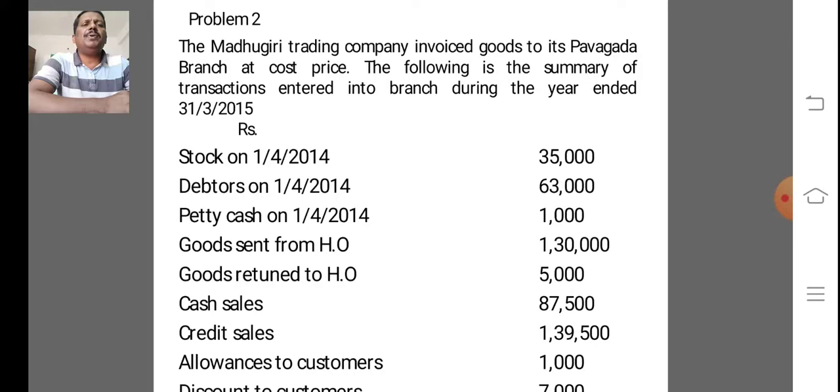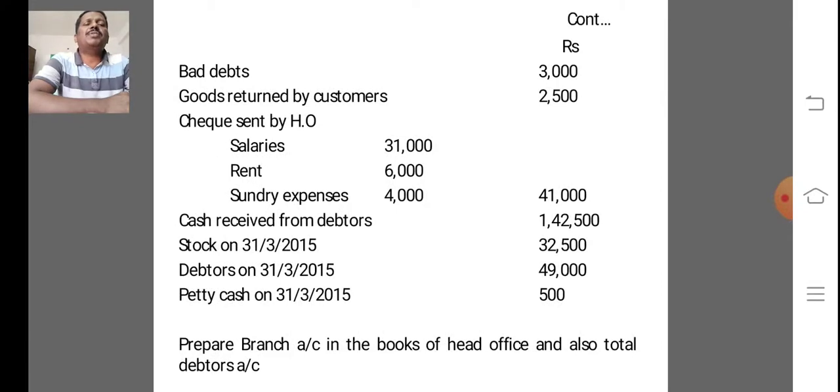goods sent from head office 1,30,000, goods returned to HO 5,000, cash sales 87,500, credit sales 1,39,500, allowances to customer 1,000, discount to customer 7,000, bad debts 3,000, goods returned by customers 2,500, and a check sent by head office for expenses: salary 31,000, rent 6,000, sundry expenses 4,000, total 41,000.